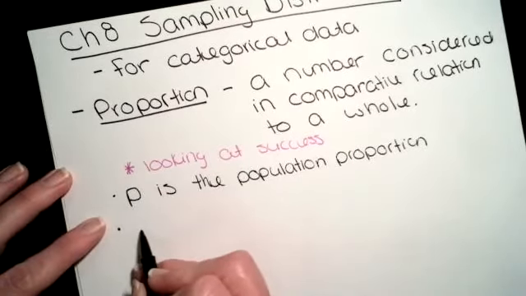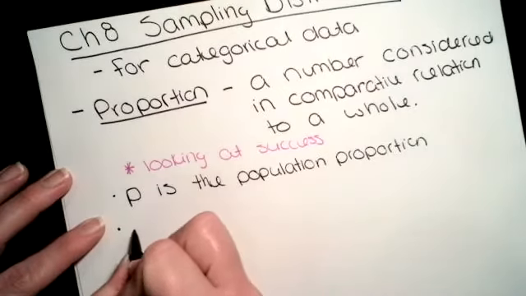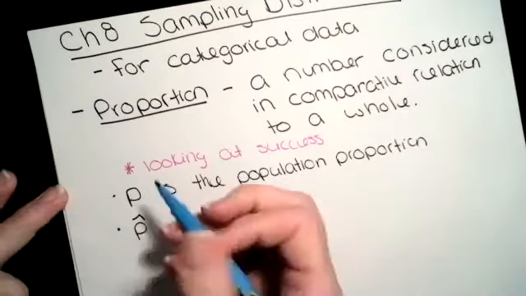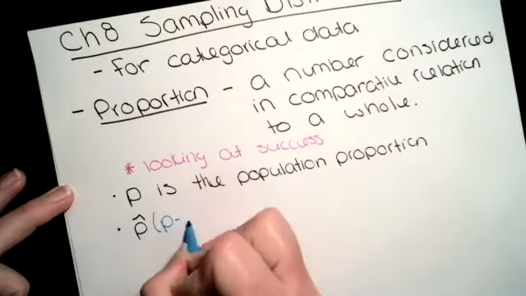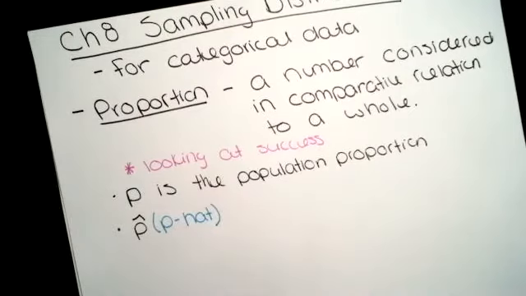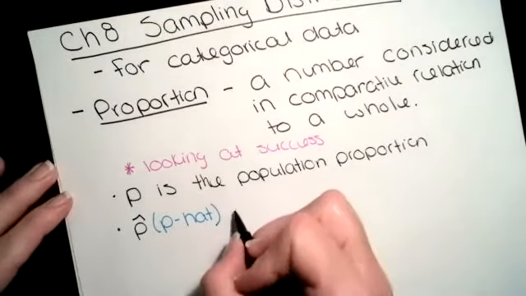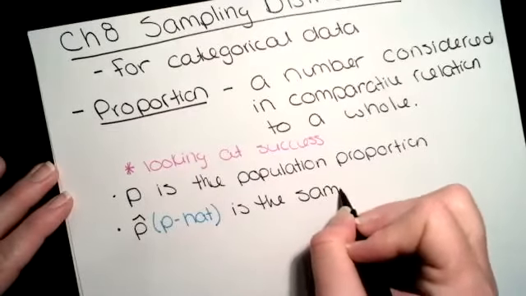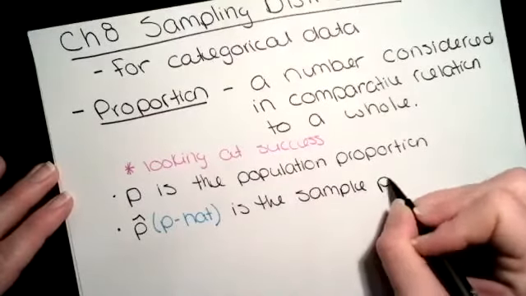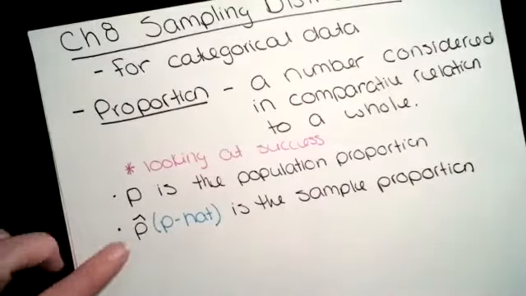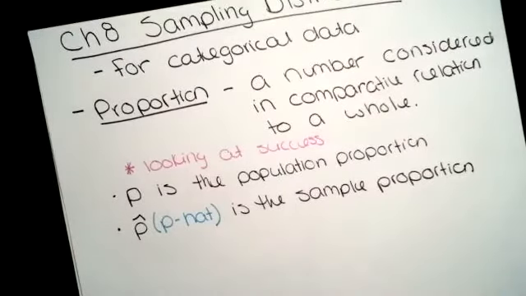The next value I want to show for the notation is p hat. P hat is the sample proportion. I want you to know that p hat is a statistic, right?